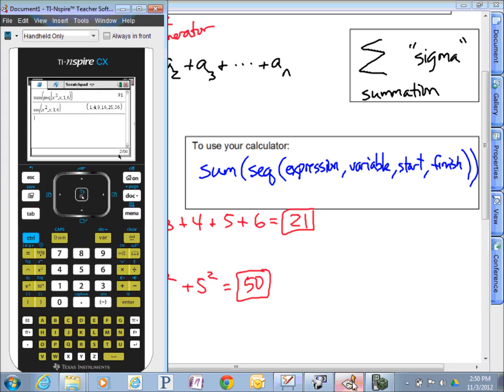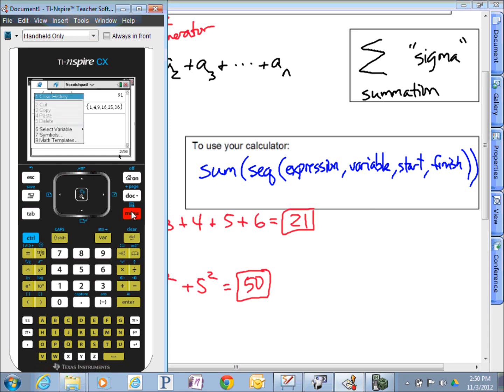So if I go to my calculator right here, and I say, all right, what are we going to do? I've already got this thing punched in. I've already done it on here. I've got sum, I've got sequence, I've got x squared, comma 1, comma 6, and I've punched it in. And we've played around with this a little bit. If I want my calculator to do this, this is my Inspire now.